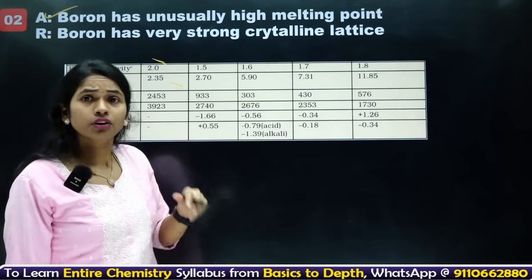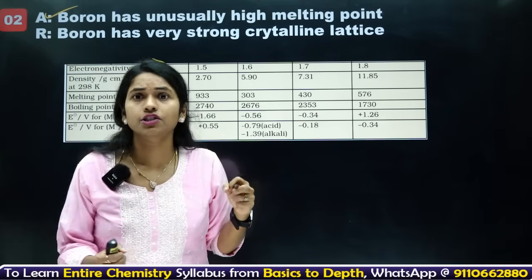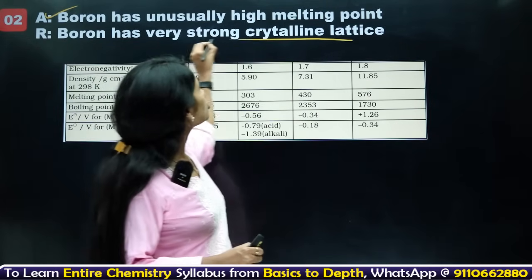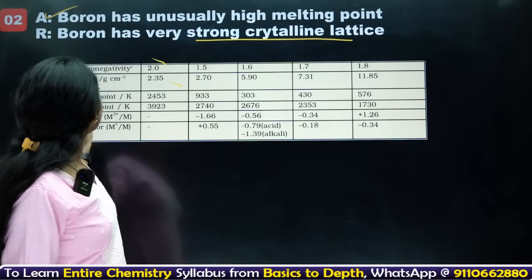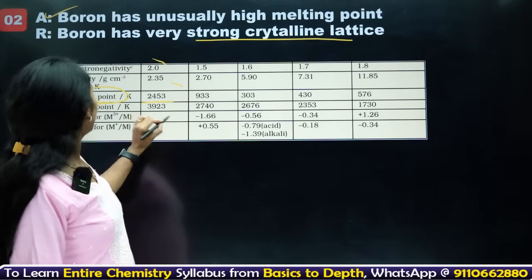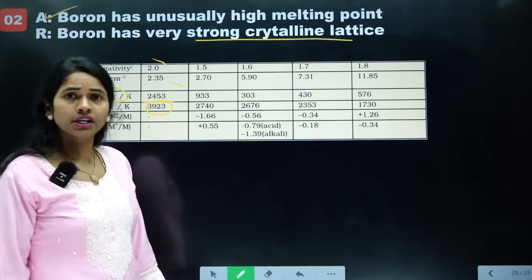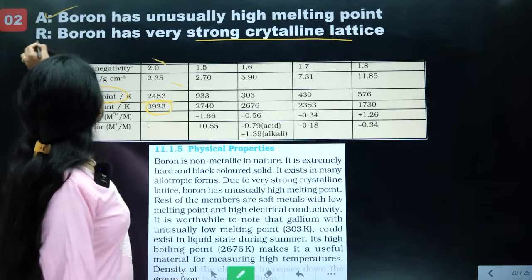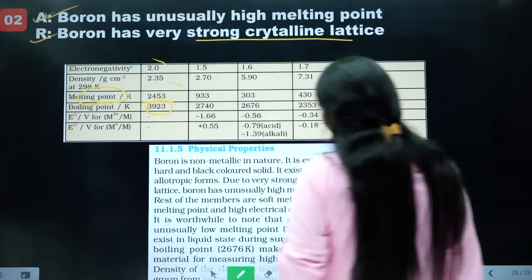Boron, due to its small size, has very good forces of attraction between its atoms, so it has a strong crystalline lattice. See the melting point, how much? 2453, and it also has a high boiling point, around 3900. So both assertion and reason are correct, and it is a correct explanation.